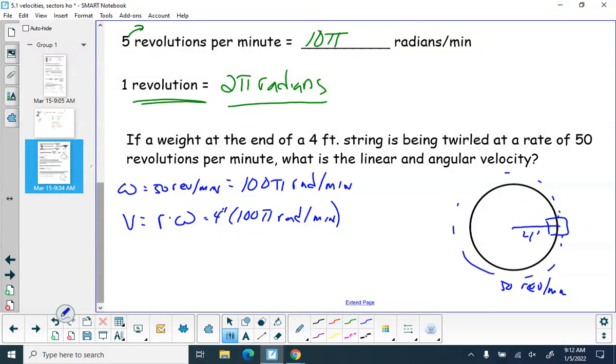So we have 4 feet times 100 pi, or 400 pi feet per minute. And this is your linear velocity.